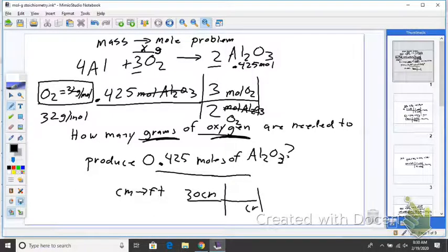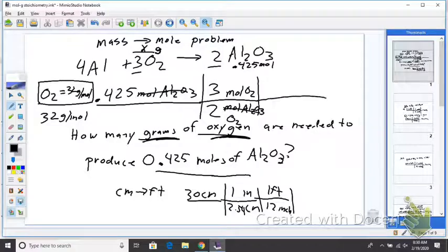Go centimeters to inches. For every 1 inch, there's 2.54 centimeters, right? And then the next step, 12 inches to 1 foot. See how I did that all in one setup? I didn't have to go 30 divided by 2.54 equals, and then do a second step, and then a third step. I did it all at once, right?